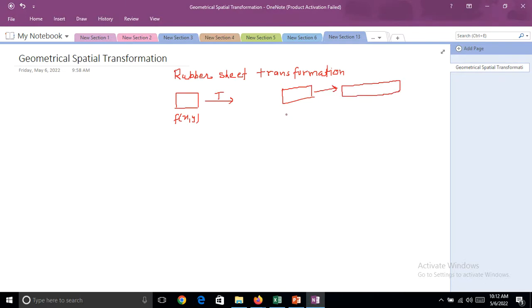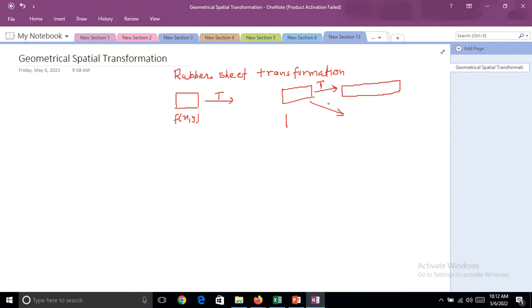Or sometimes, applying force in one direction, you may say this is a kind of force you applied, also called a scaling operator.